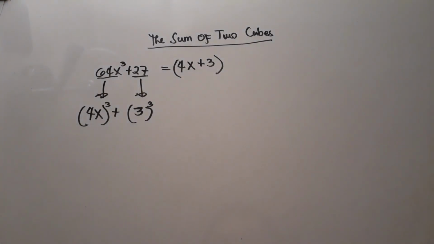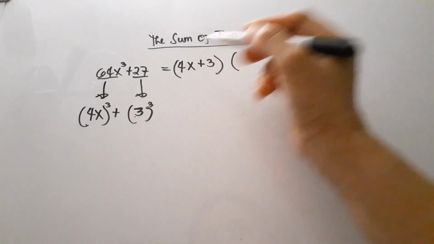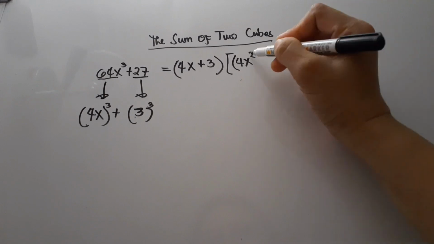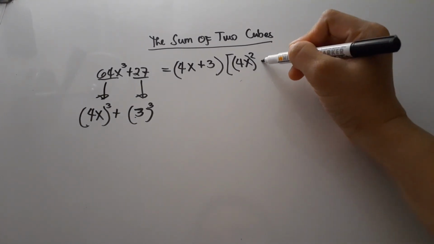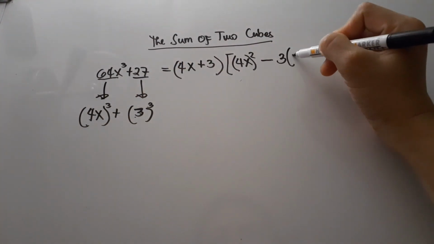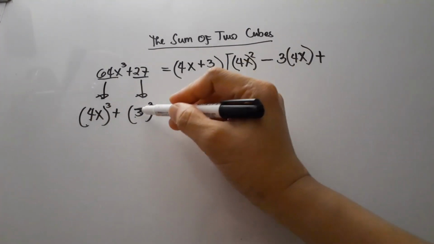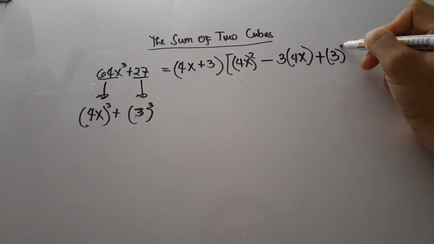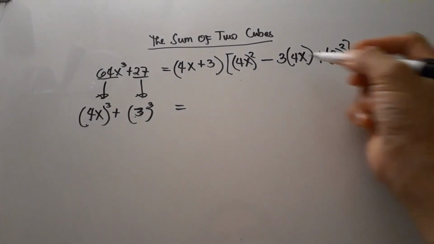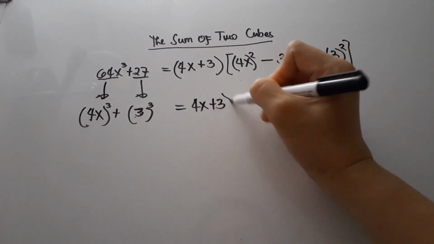And in the trinomial, remember that we can have a negative sign in the coefficient of negative xy. So we can have the square of 4x, then negative sign. Remember in the formula we have negative, then we combine together 4x times 3, and the square of 3, and then 4x positive 3, bring down this one.